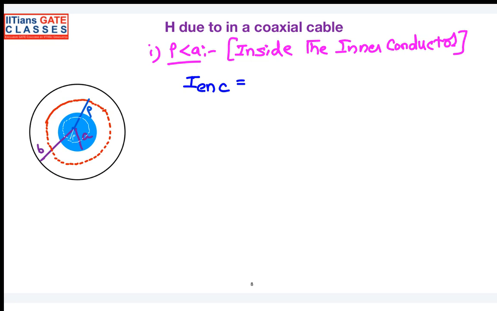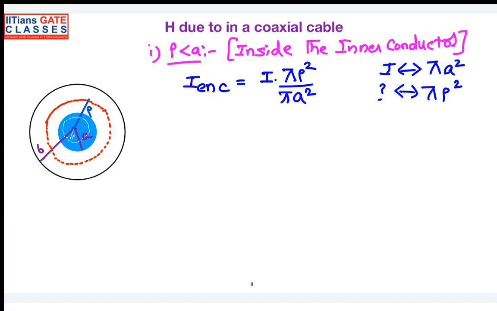So when you see the inner conductor, I told you already, the current I is spread over an area of pi a square. And whatever loop you have considered, you are going to enclose the area of pi rho square, which is small. So the total current enclosed in that case is nothing but I into pi rho square divided by pi a square.